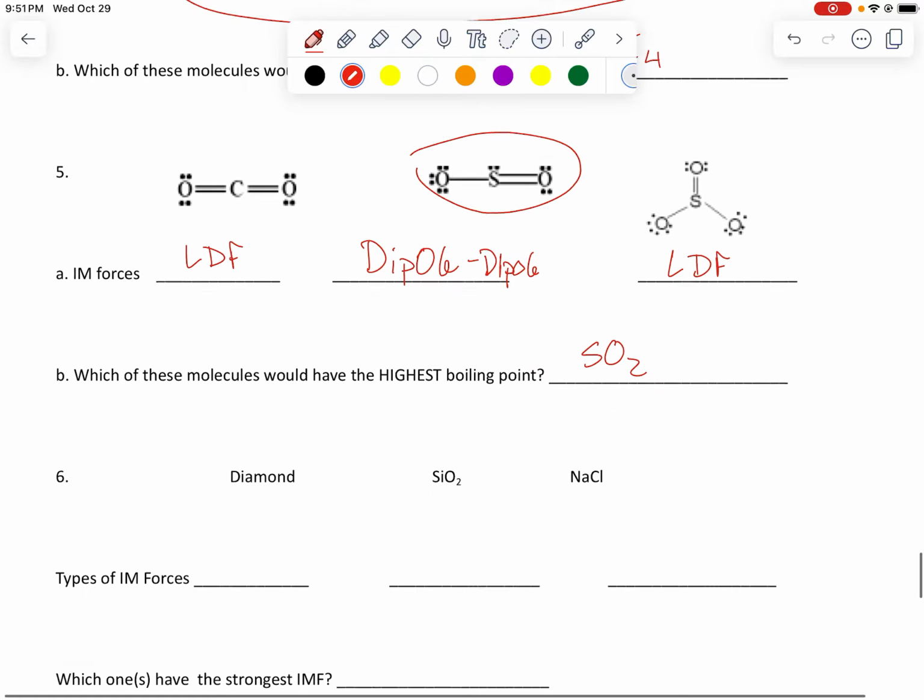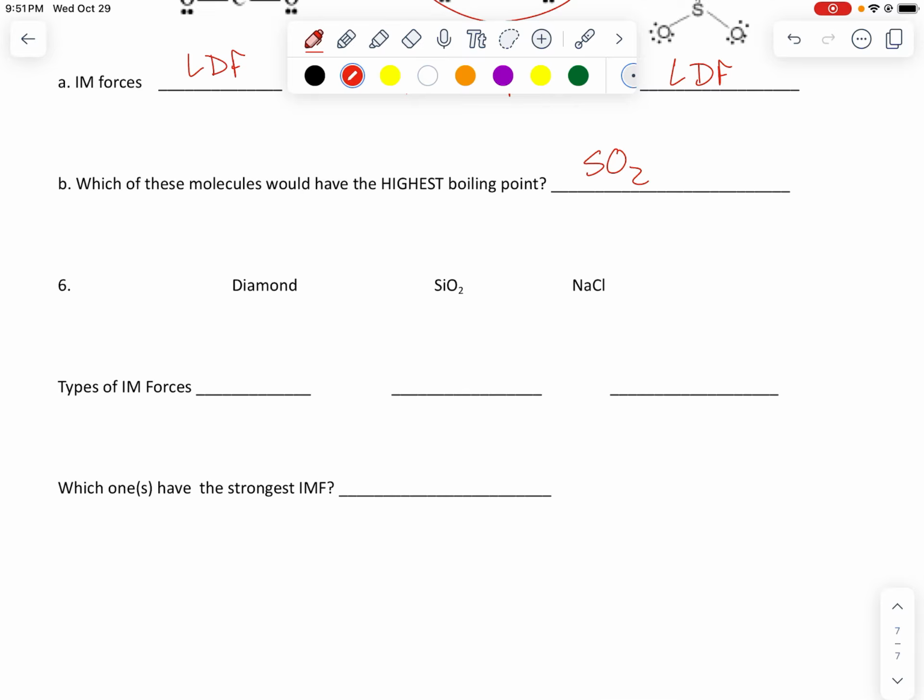All right, last one. All right, intermolecular force for diamond is we're just going to call it network. We'll say network covalent. Same with SiO2.